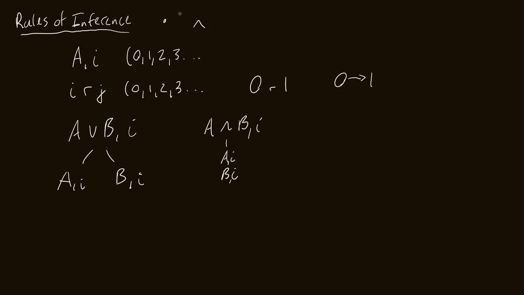So now we have 4 new rules that come with these modal operators that we saw last time, our square and our diamond. Last time we talked about not square A in the world i, and we also talked about not diamond A in the world i.